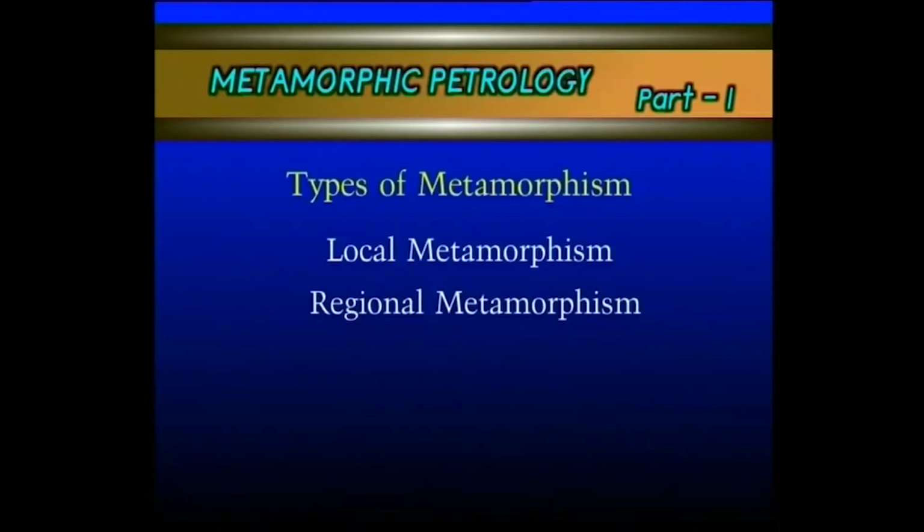Now see the types of metamorphism. If we divide on the basis of local and regional scales, then we can divide metamorphism into two types: local metamorphism and regional metamorphism. Local metamorphism occurs on a local scale, and regional metamorphism occupies thousands of square kilometers.